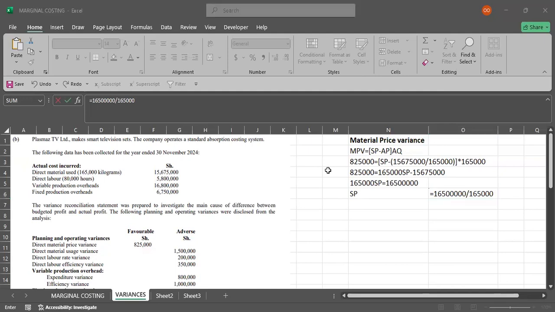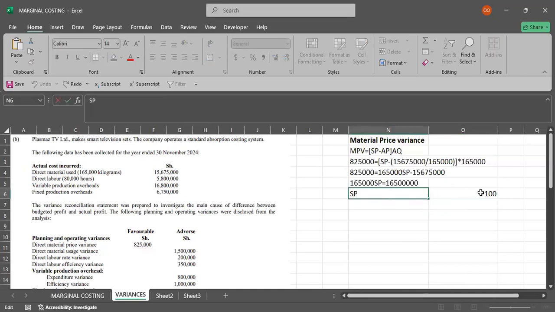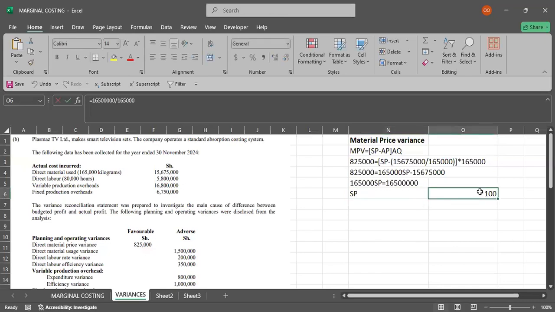Is it 10 or 100 shillings? Let's see it together. When I do this, I get 100 shillings, so standard price will be 100 shillings per kg of direct material. Nice. Good. So let's go to the next thing.